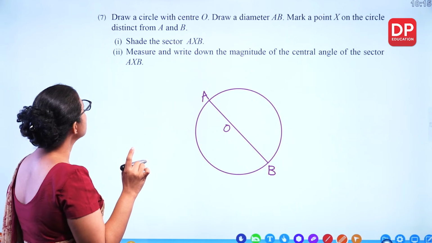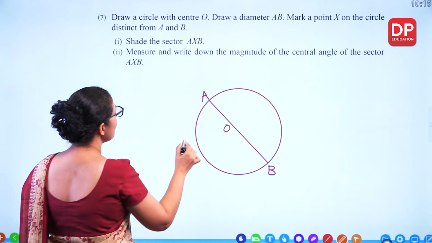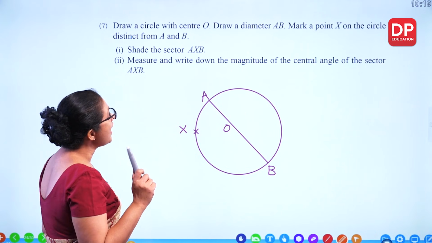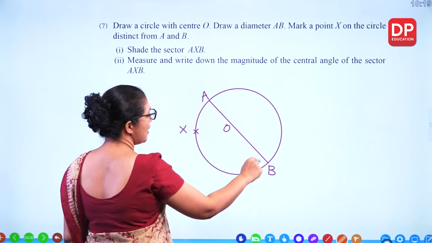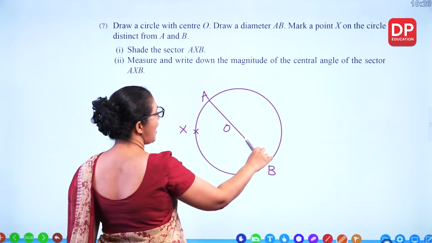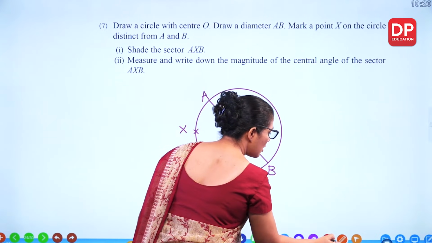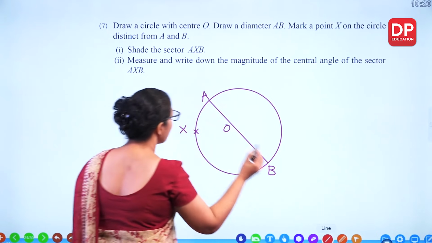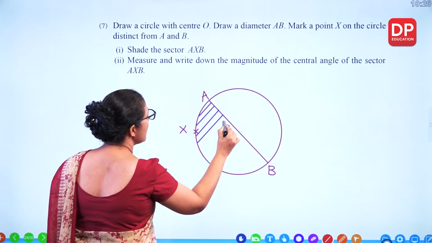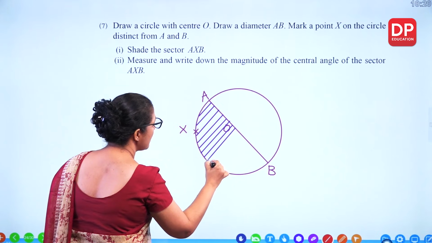Mark a point X on the circle distinct from A and B. Now shade the sector AXB. Now this sector is different because now the two radii are on the same line. So when you shade it, you get this part. So AXB sector is just the semicircle.